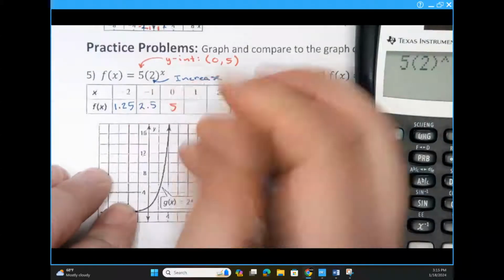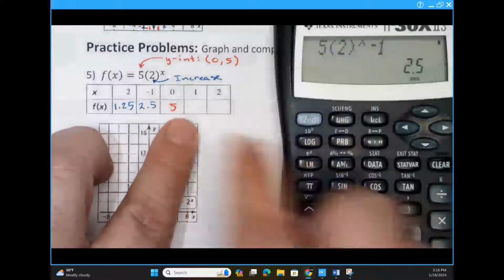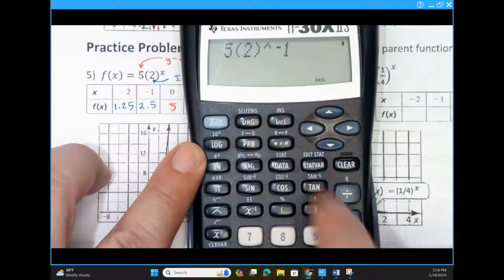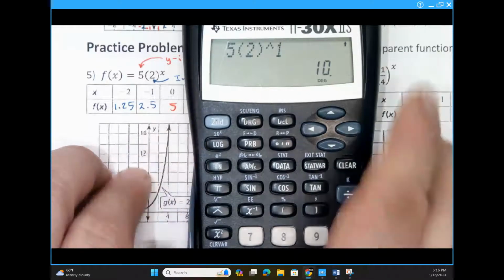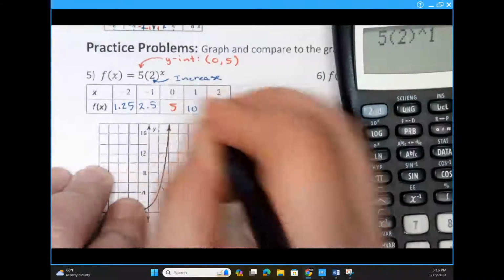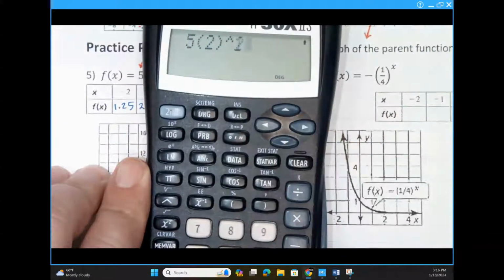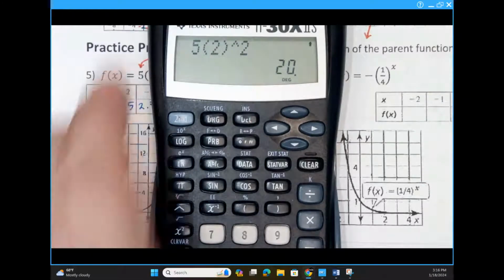We already did the 0. It's already there, but if you need to type it in, go for it. Now I just need a positive 1. So I could go back up there and just delete the negative. All right, I got a 10 for that one. And then I'm going to put a 2 up there. And on the calculator, if you're doing this right, you should be getting a 20 for it.